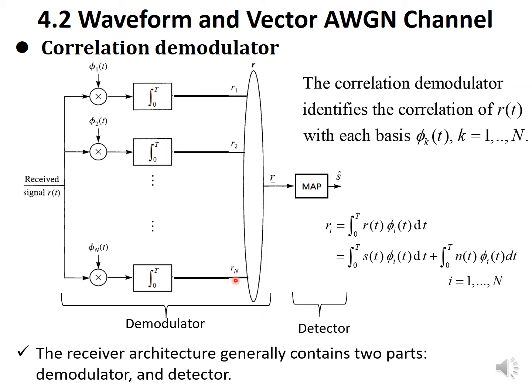In general, any digital communication receiver architecture contains these two parts. And here we have the correlation with the basis, the projection, and this type of demodulator is called the correlation demodulator.